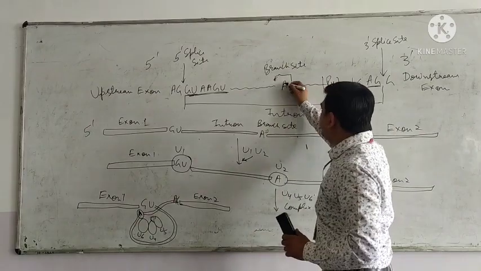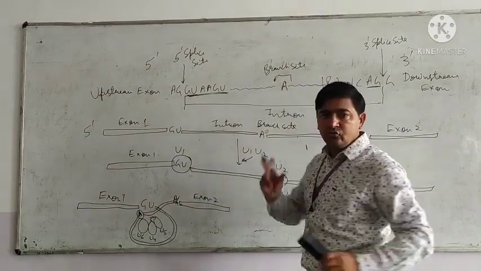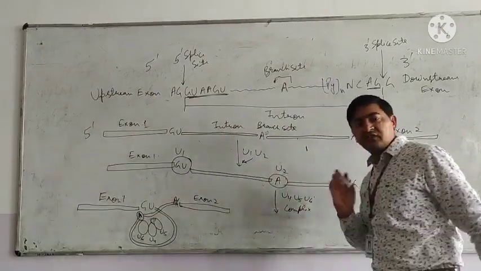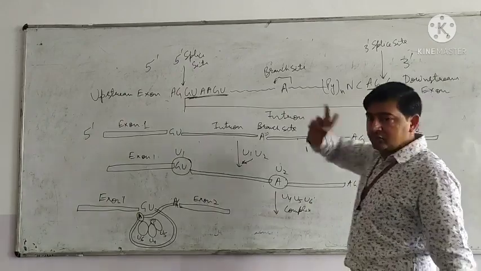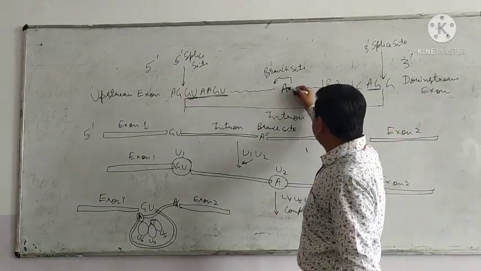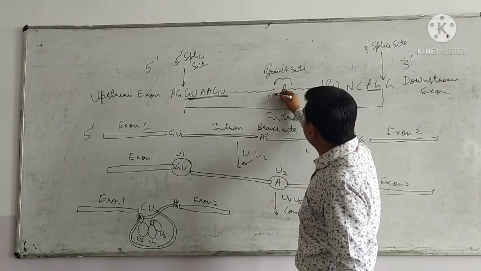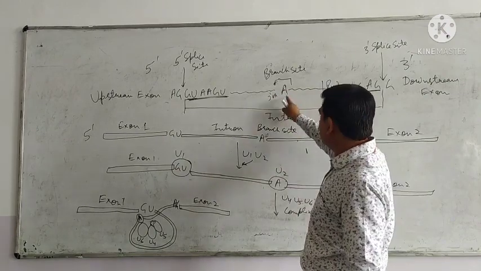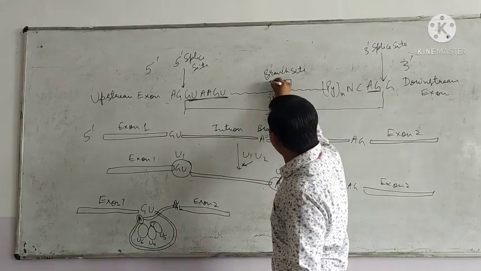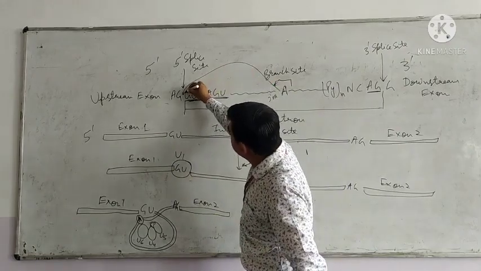this branch site adenine molecule, actually two transesterification reactions occur. The 2 prime OH group, the hydroxyl group of the second carbon, attacks this phosphodiester bond.